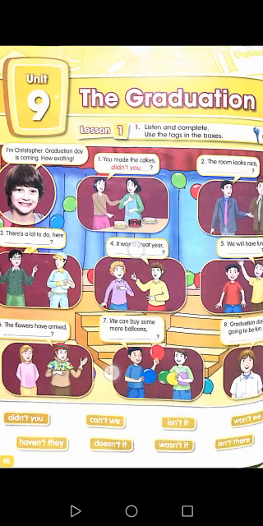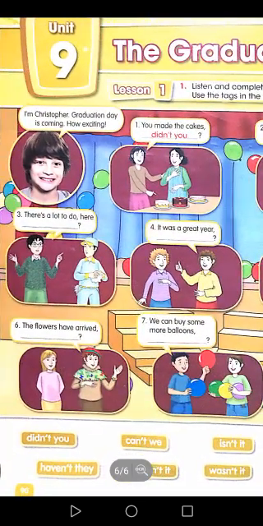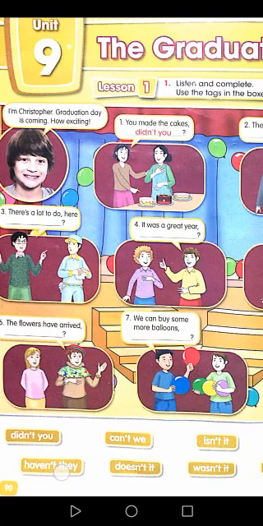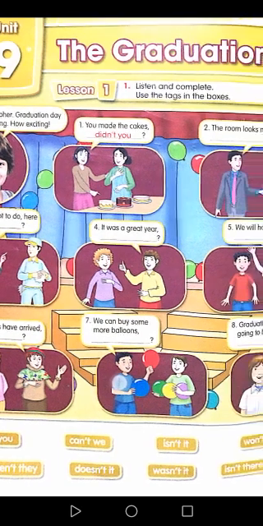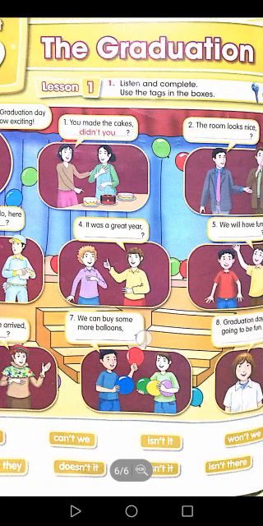Number 6, the flowers have arrived, haven't they? Here. Excellent. We will choose this box. Number 7, we can buy some more balloons, can't we?